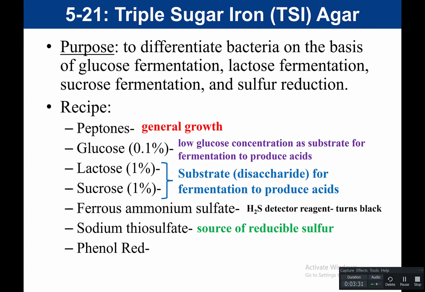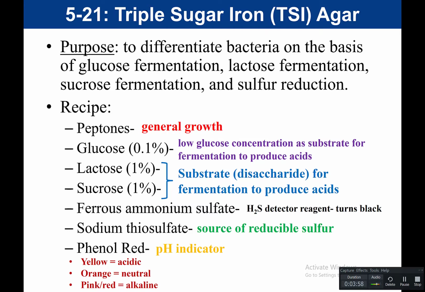Next, we have phenol red. You've seen this many times. We've seen this in the urease test, in the phenol red broth test, etc. Phenol red is our pH indicator. It's yellow when acidic, orange when neutral, pink-red when alkaline. So we can use the pH indicator, the phenol red, to determine if the sugar was metabolized.